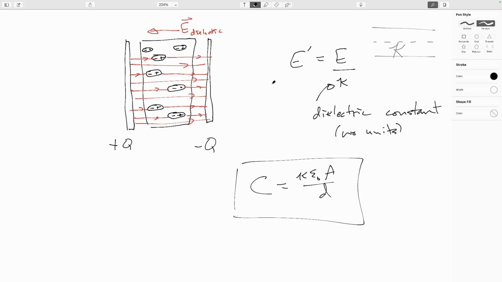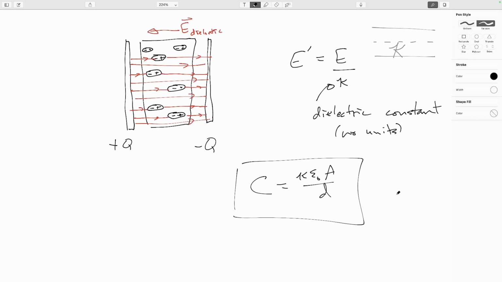So as a result, you can move and store more charge, which is usually desirable in capacitors. For weaker capacitors, sometimes literally paper is actually used as a dielectric material, but there are all kinds of specialized boutique materials that get used for this purpose.